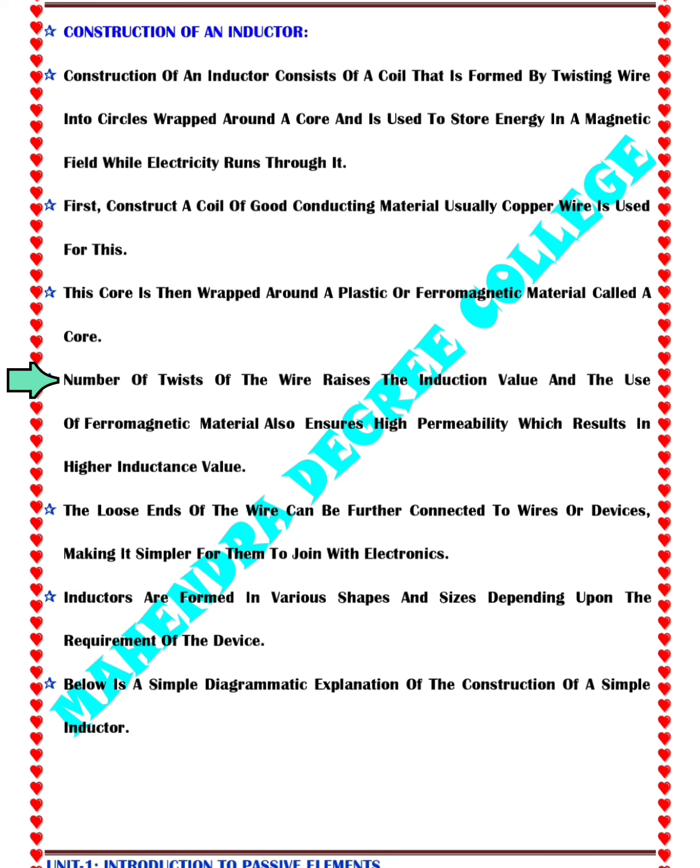When you increase the number of turns in the coil, the magnetic field becomes stronger. More turns means more magnetic field lines, that is, greater inductance. So, inductance increases with the number of loops.